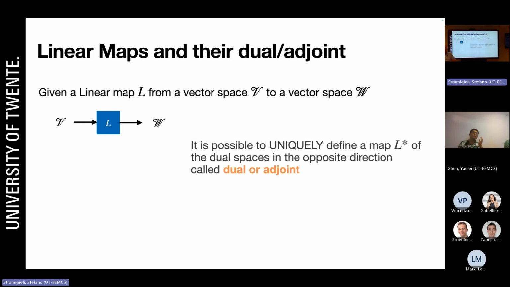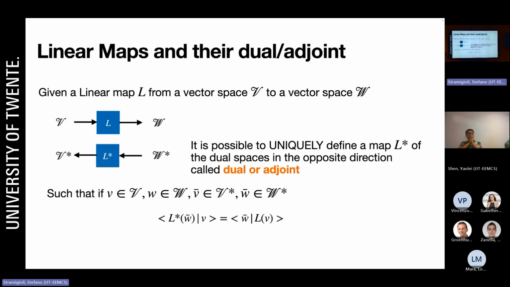Well, it turns out that it's possible to define, again through duality, a new map, which is called the adjoint or dual of that map. And this is true also for infinite dimensional systems. You see this other map goes in the opposite direction.